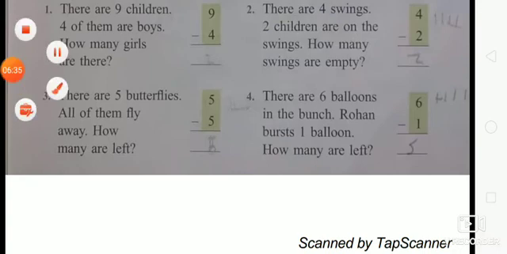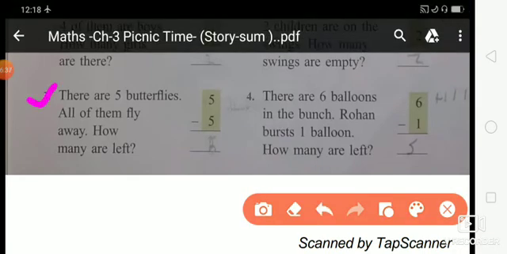Now the third one: there are 5 butterflies in the picnic garden. All of them fly away. How many are left? Students, the butterflies in the picnic ground are 5. So first of all, write your digit 5, and all of them fly away.